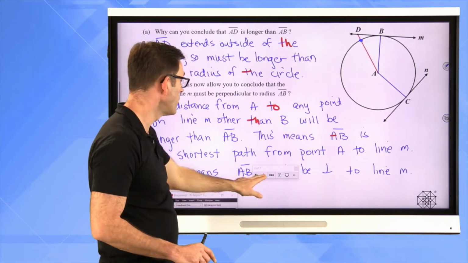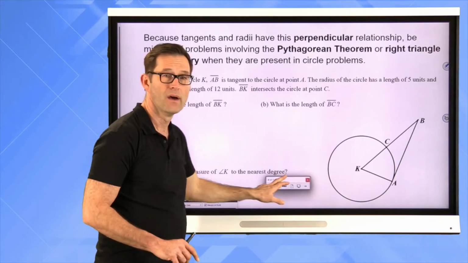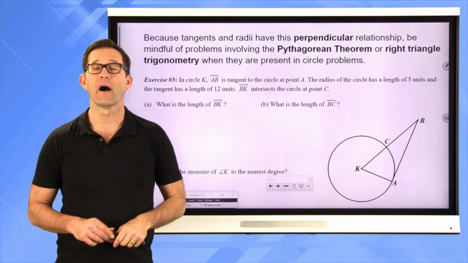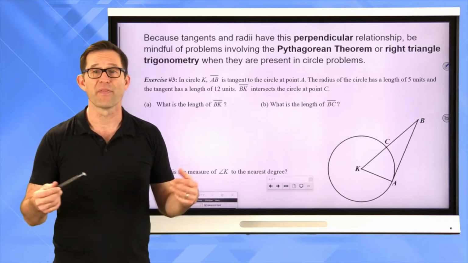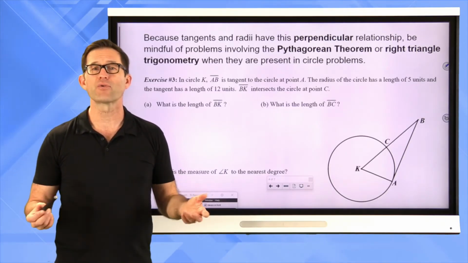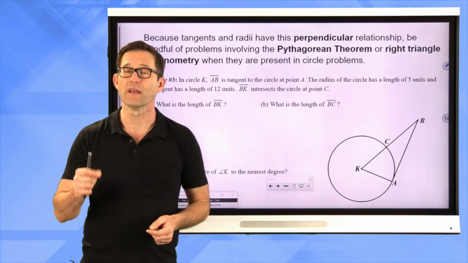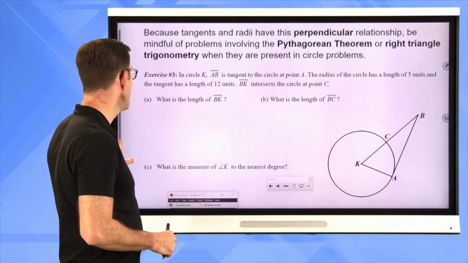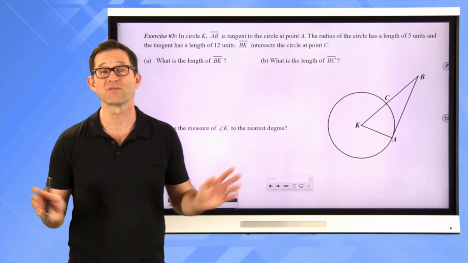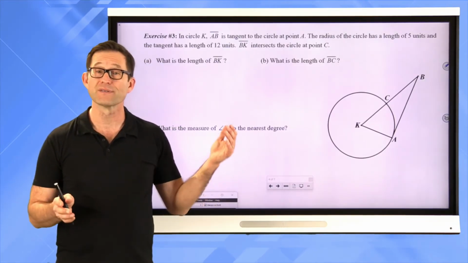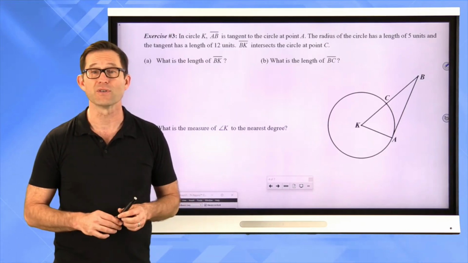Really, really quite cool. Now, because tangents and radii have this perpendicular relationship, be mindful of problems involving the Pythagorean theorem or right triangle trigonometry when they're present in circle problems. All of our caveats about there being a right angle apply, so all sorts of things that involve right triangles can occur in this situation.